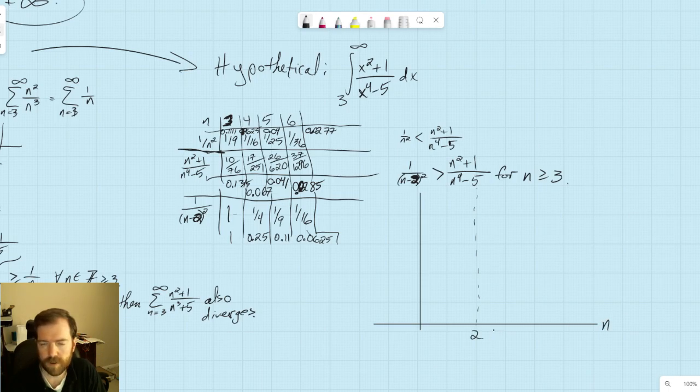This is going to be 2. Forgive me, this is going to look a little weird, but whatever. At 3, 4, 5, and 6, it has values of 1, 0.25, 0.11, 0.06, so like almost half.